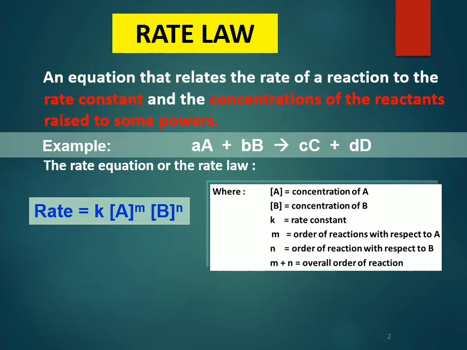In rate law, we only show the relationship with reactants, so only reactants are included. k is the rate constant, m is the order of reaction with respect to reactant A, and n is the order of reaction with respect to B. And the overall order of the reaction is m plus n.